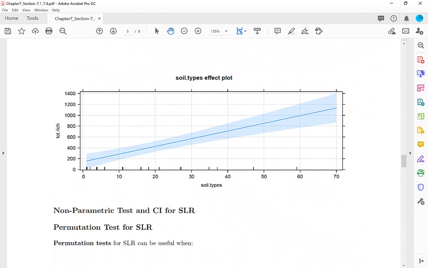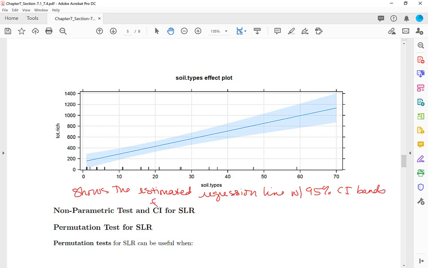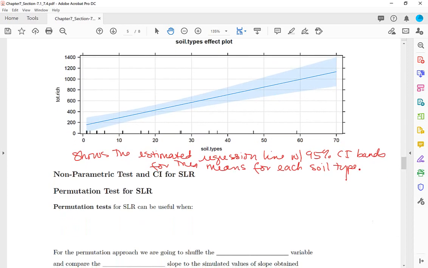So this term plot or effect plot, it's a terms plot because it's not random assignment, shows the estimated regression line with 95% confidence interval bands for the means for each soil type. It's another plot that we can use to look at what we're seeing in this study.